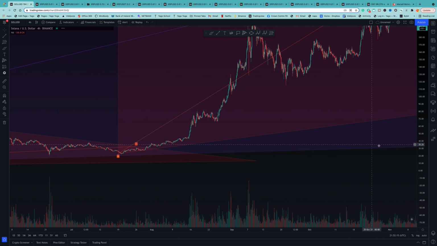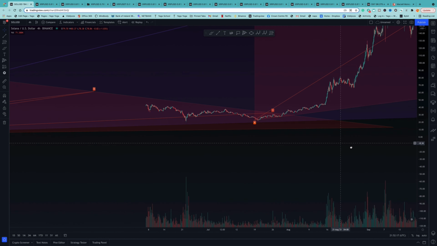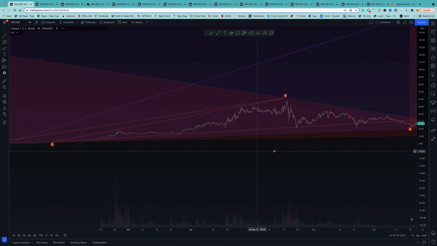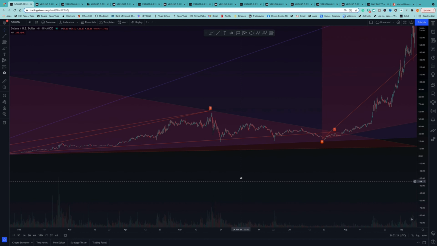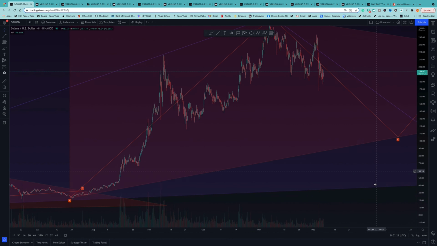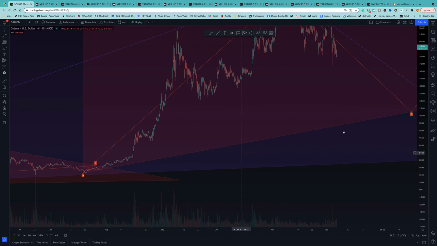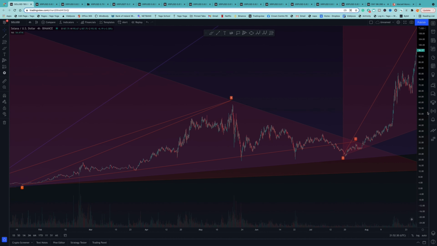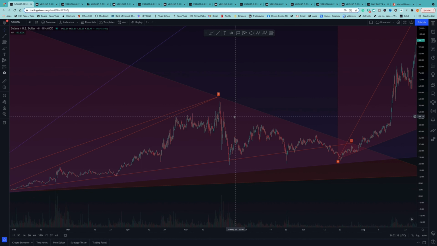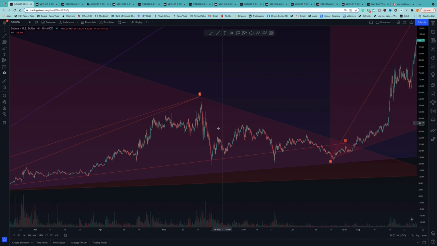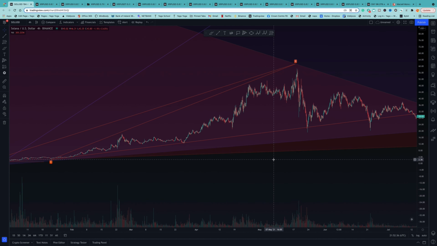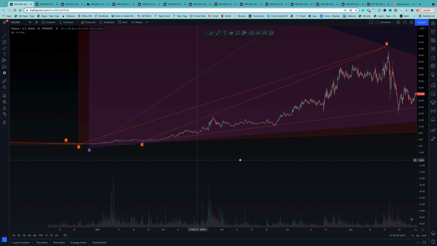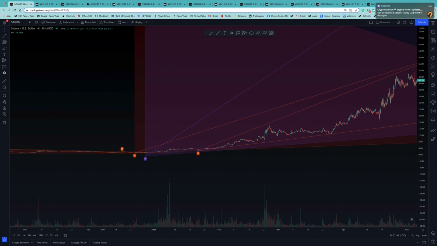Okay, so now I'm on the 4 hour. Every one of these candles is now 4 hours long. So that's the difference. The day is a day candle, and a weekly candle, and now a 4 hour candle.